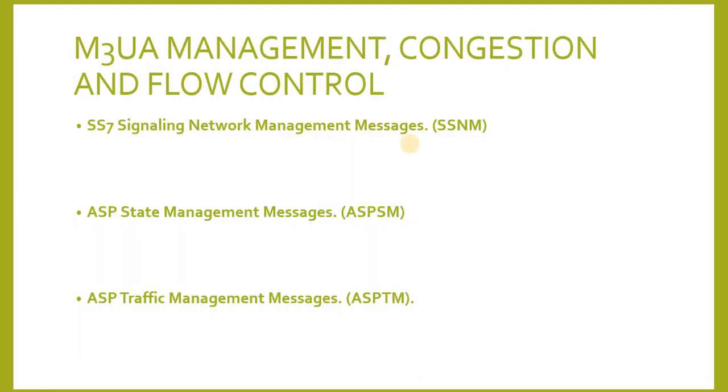M3UA management, congestion and flow control. M3UA supports services that provide state management, congestion and flow control. There are 3 groups of message classes that assist in the implementation of state management, congestion and flow control. These are: 1. SS7 signaling network management messages, SSNM.